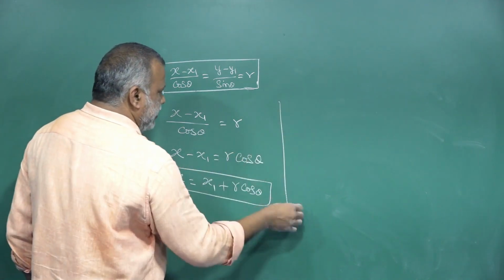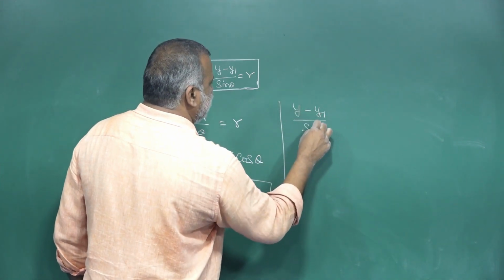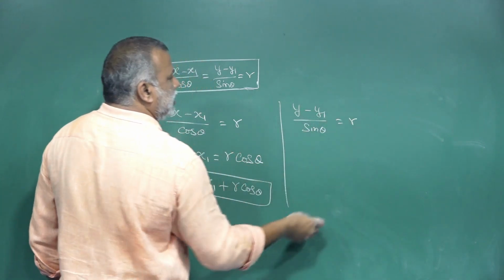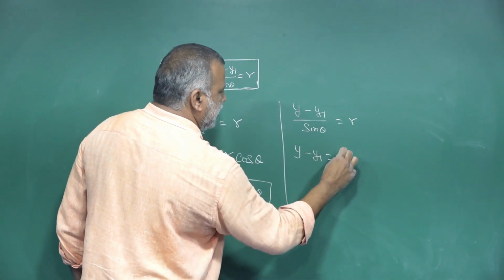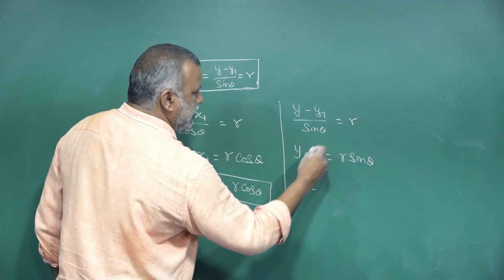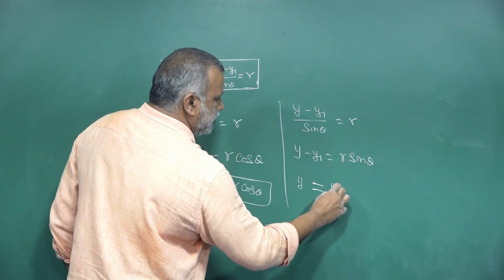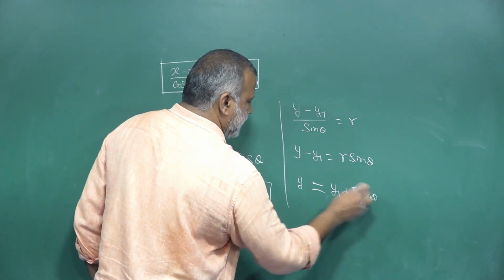In the same way, I am comparing this one. Y minus y1 divided by sin theta is equal to R. Cross multiplying, y minus y1 equals R sin theta. Now y equals, taking it to the other side, y1 plus R sin theta.